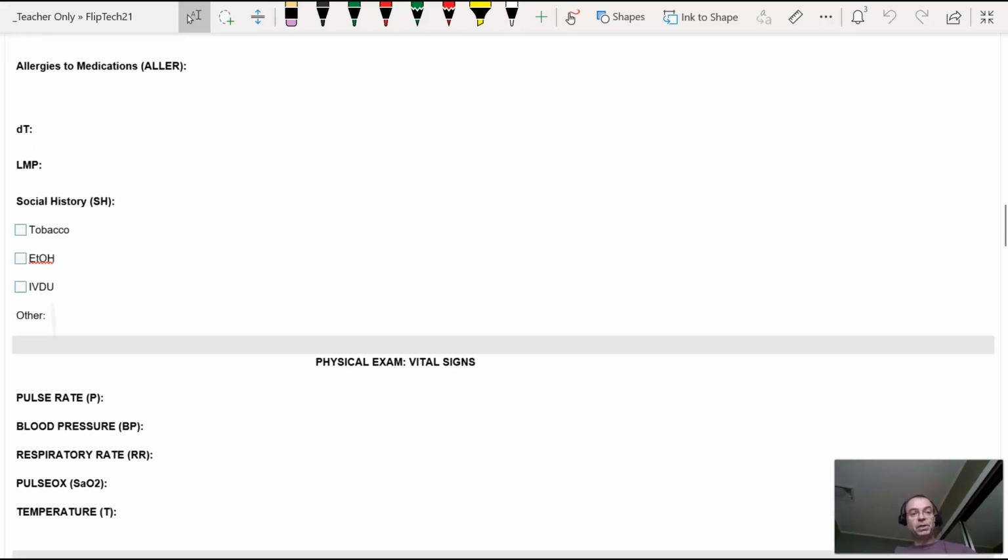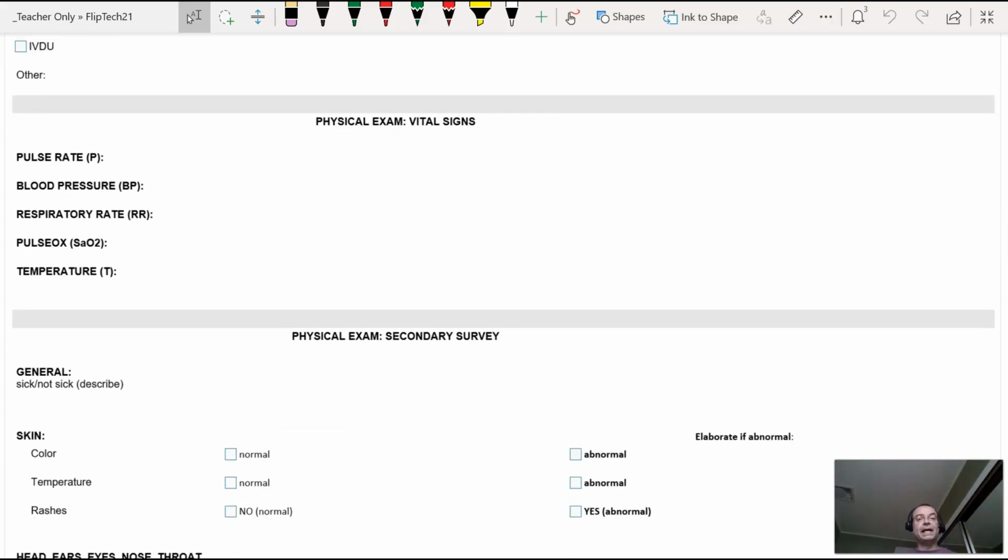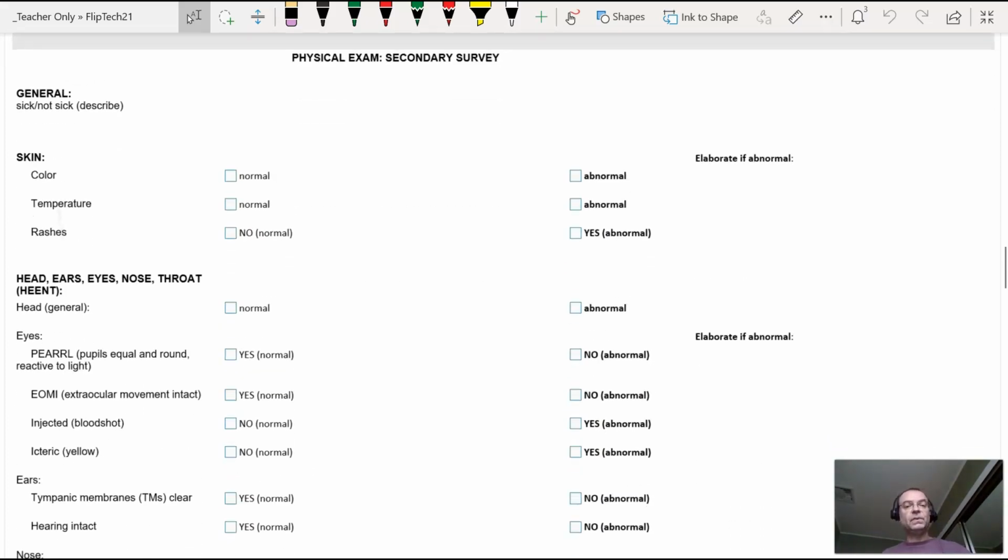Tetanus, last menstrual period, social history. That's it for the history portion, which is all subjective. Now we are to the objective section of the physical exam, specifically vital signs. Five vital signs there. Physical exam, as far as the secondary survey goes: is the patient sick or not sick?